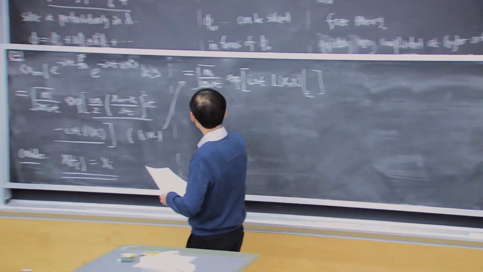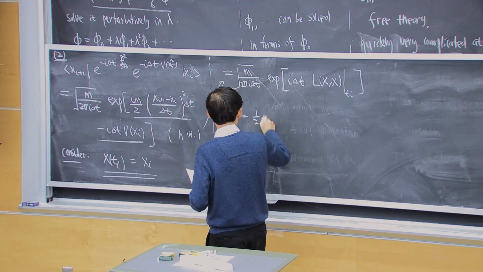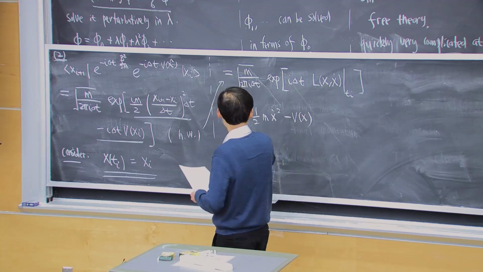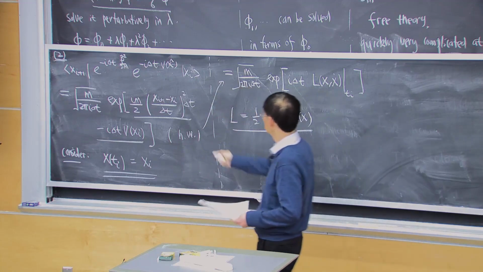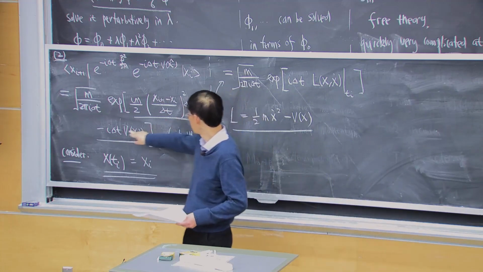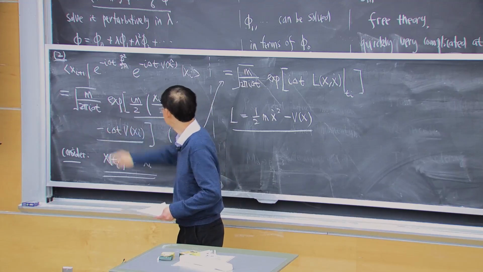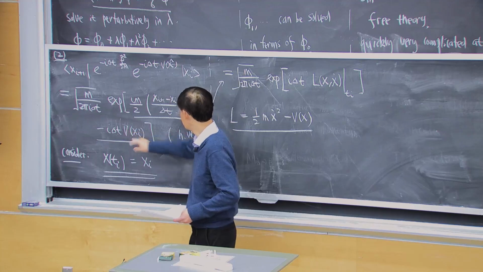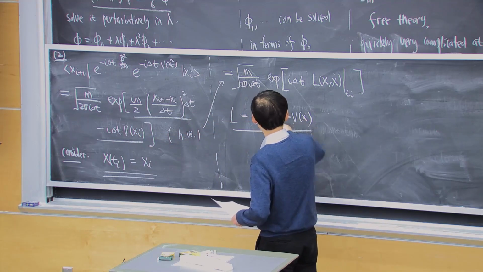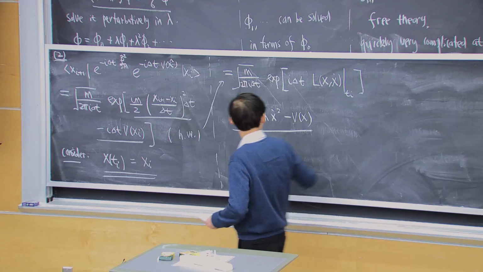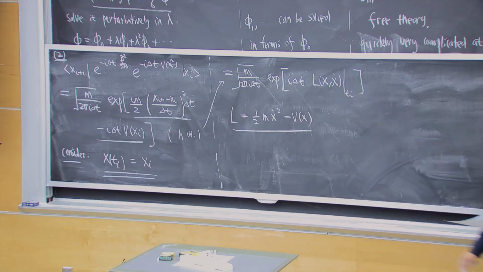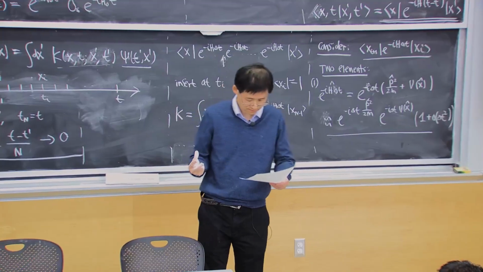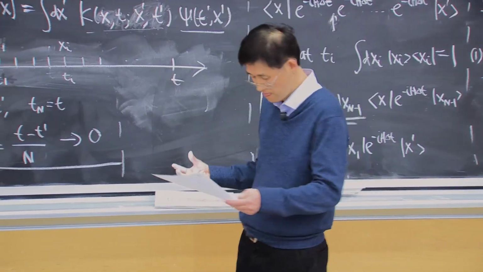Remember the Lagrangian is just 1/2 m x dot squared minus V(x). If you take out the delta t factor and the i factor, this becomes 1/2 m x dot squared and this becomes V, all evaluated at t_i. So you recognize, you just get your Lagrangian there.